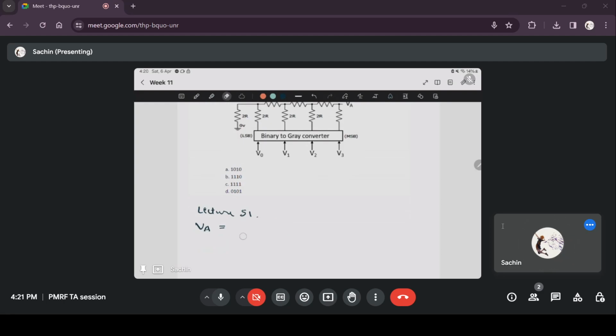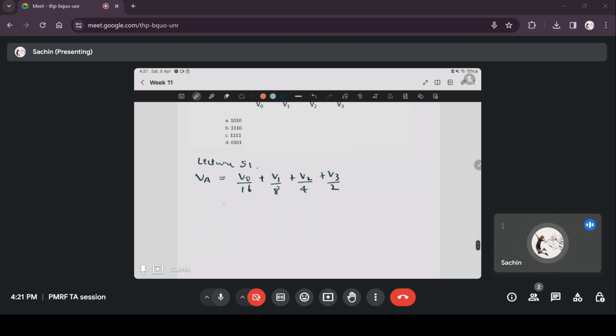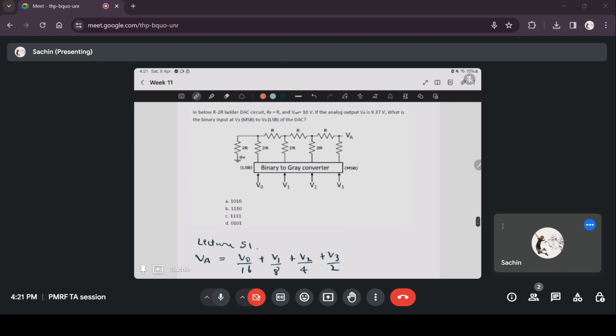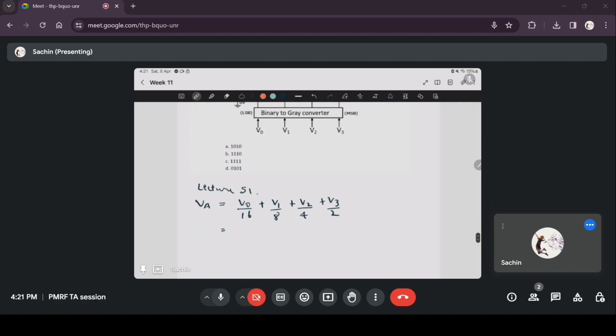Or if we start out from V0, you can write this as V0 by 16 plus V1 by 8 plus V2 by 4 plus V3 by 2, into Vref.